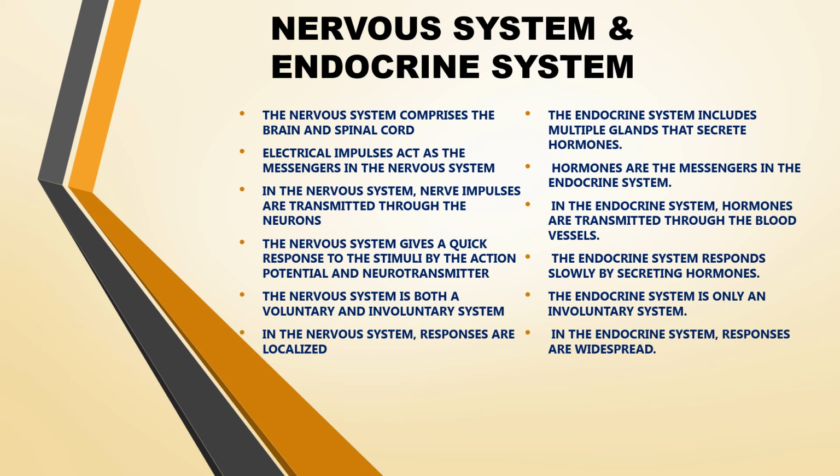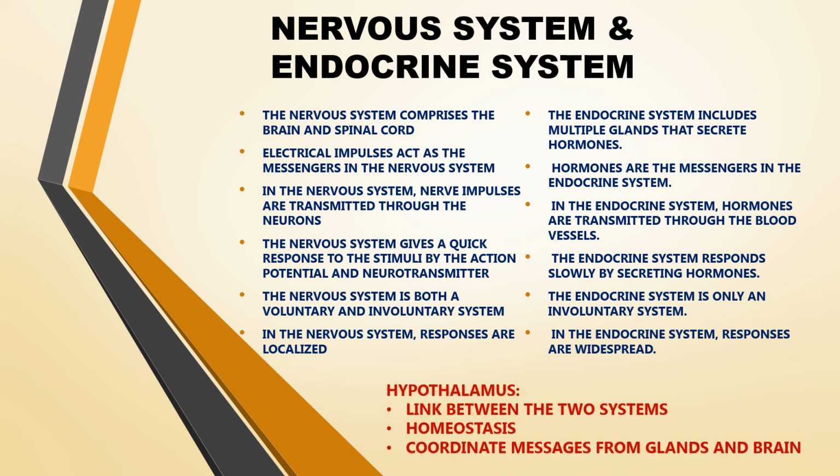So the nervous system and the endocrine system both interact with the hypothalamus. It controls the communication between these two systems via chemical messengers. They are both essential to the human body and work constantly to keep it functioning. The hypothalamus is the main link between these two systems. Its key function is to produce hormones that keep the body in a stable condition known as homeostasis.